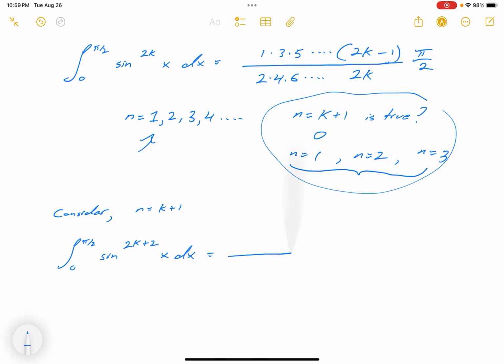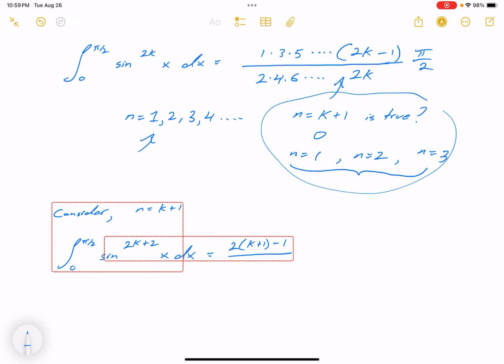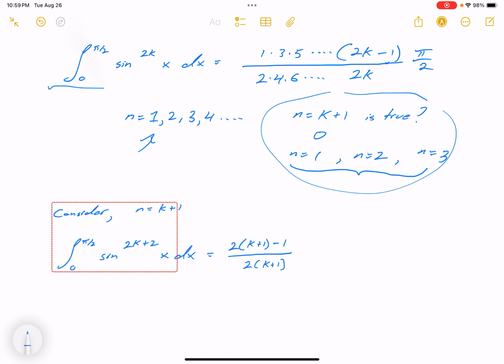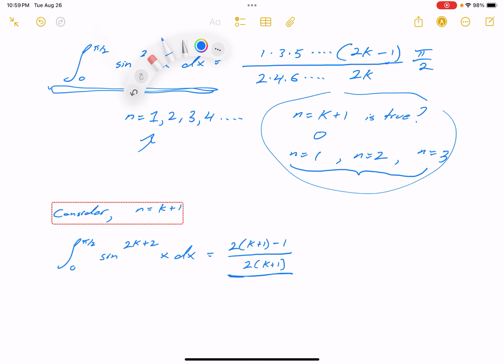So we have 2 times k plus 1 minus 1 times 2 times k plus 1. And we're going to multiply it to our assumption.